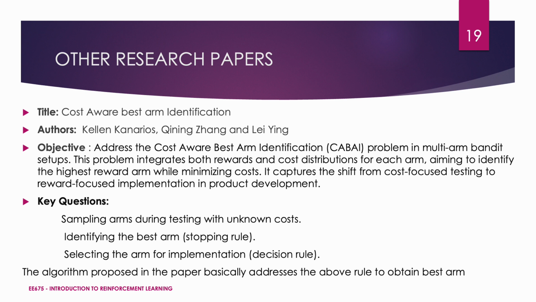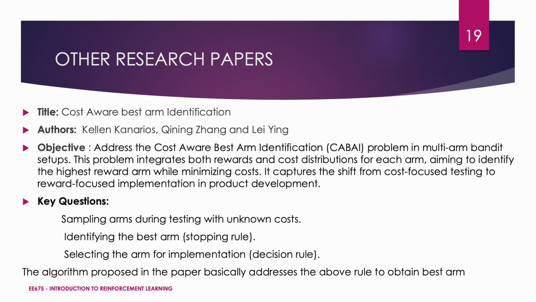This problem tackles several issues, like sampling arms during testing with unknown costs. This involves determining which arms to sample for testing while considering that the costs associated with each arm may not be known in advance.